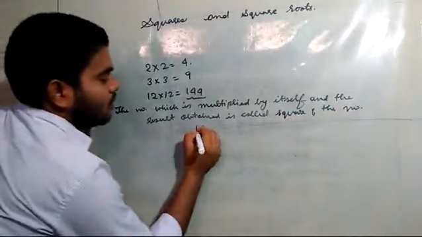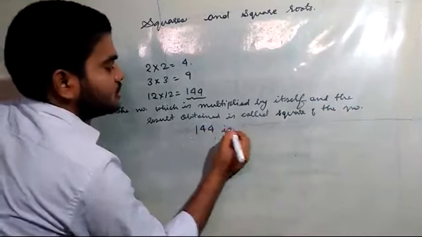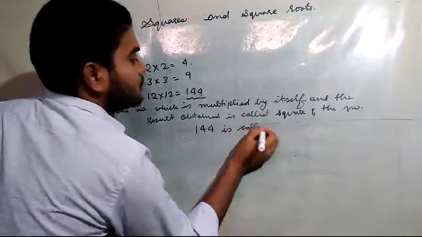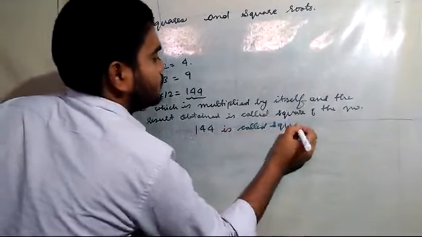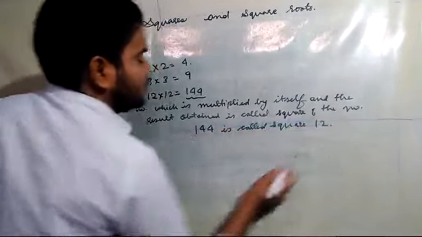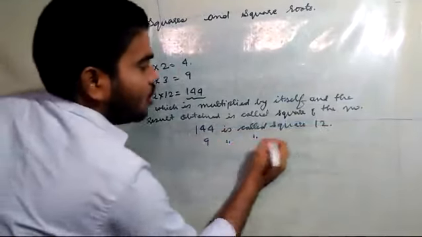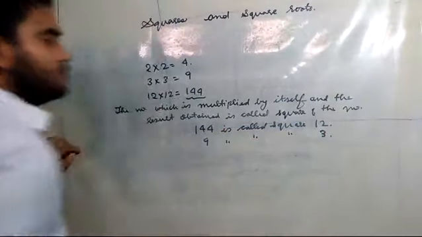So here 144 is called the square of 12, and 9 is called the square of 3.